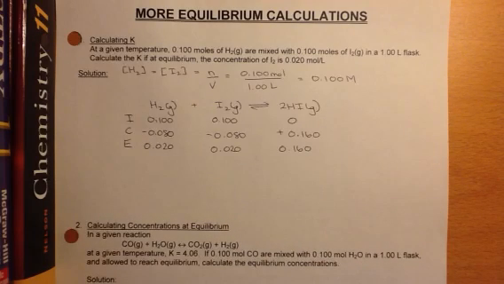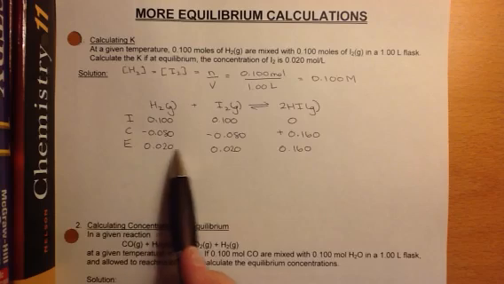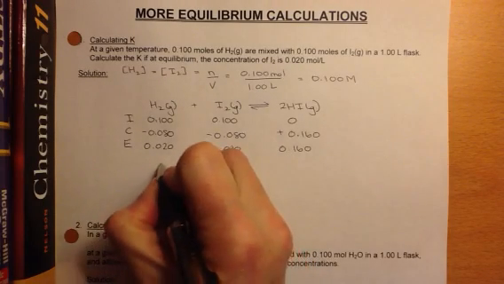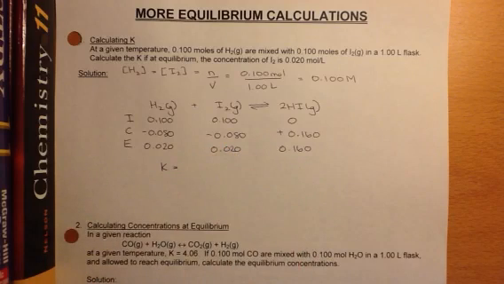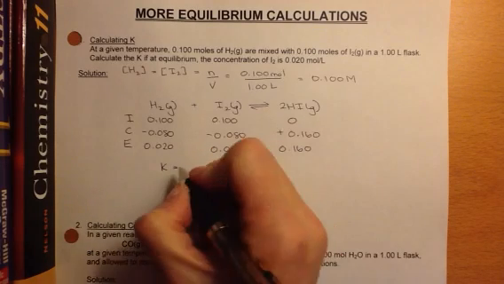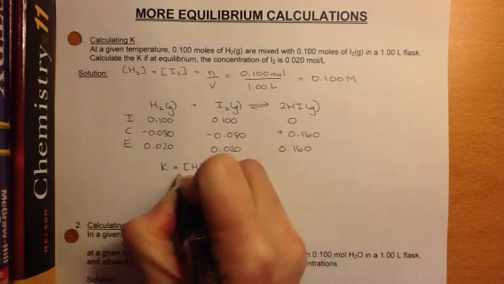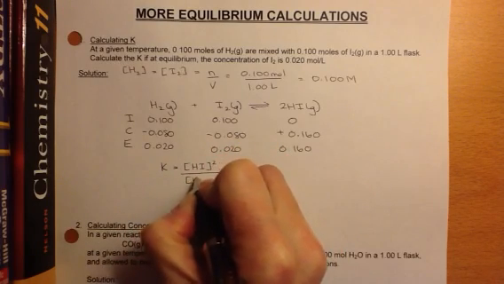Now we can calculate the K values because we've got the amounts of each one of the substances at equilibrium. So let's calculate the K value. We've learned already that the equilibrium constant is the concentration of the products over the concentration of reactants.